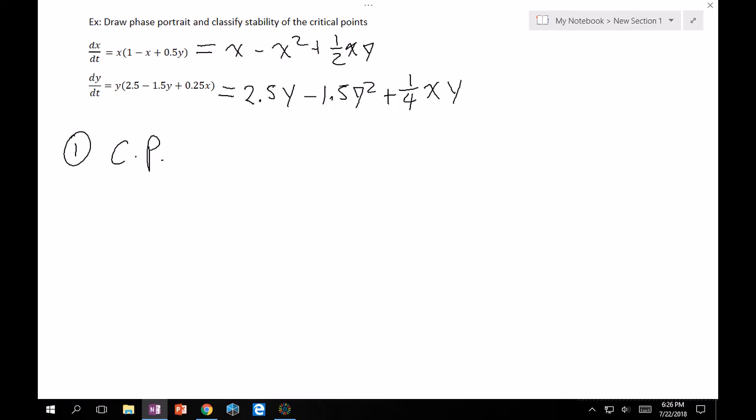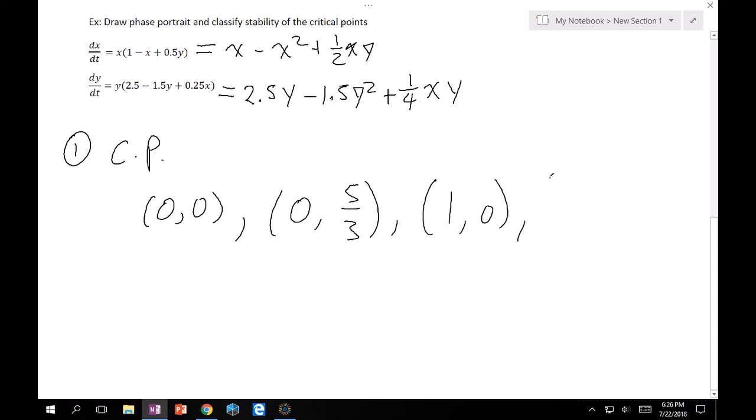And then obviously the other two, and then test to see if it's algebraically possible to find solutions to that system. I'm just going to go ahead and write them down. After doing this, the critical points that you should get are (0, 0), (0, 5/3), (1, 0), and (2, 2). So all the cases are going to work out.